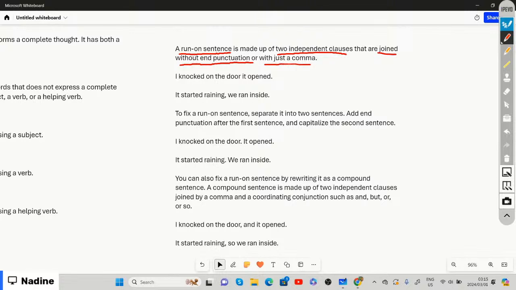You were just supposed to have written a period, but you went on and on and on. So now the sentence is just flowing, but it's two independent clauses that can basically stand on their own.